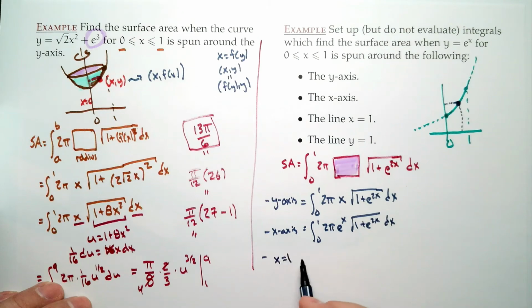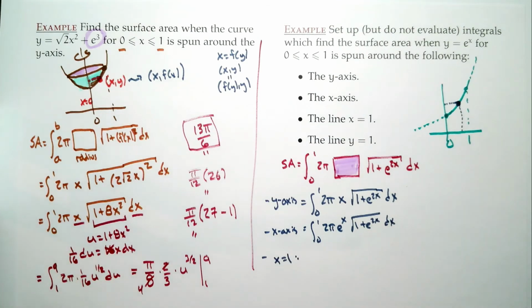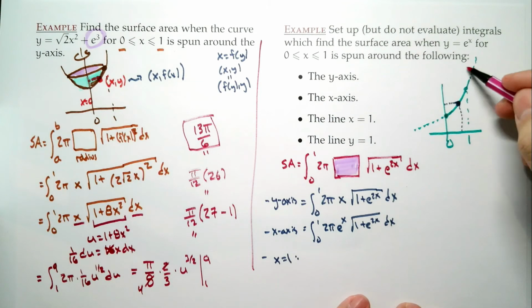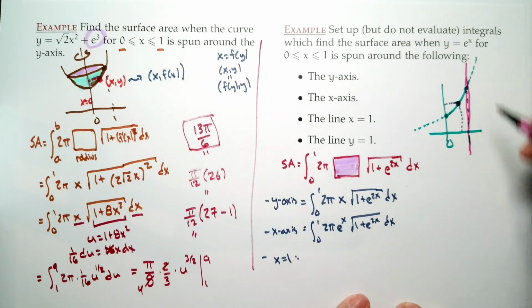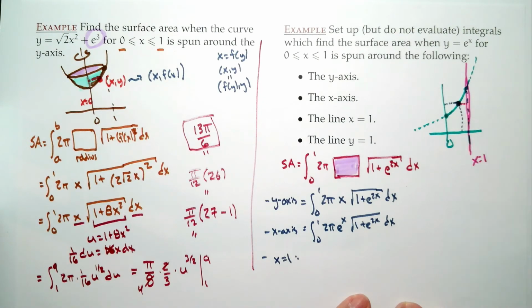x equals 1. So what does x equals 1 look like? Let's draw that in. That would be this line. This is the line x equals 1. How far are we from the line x equals 1? What's our radius?